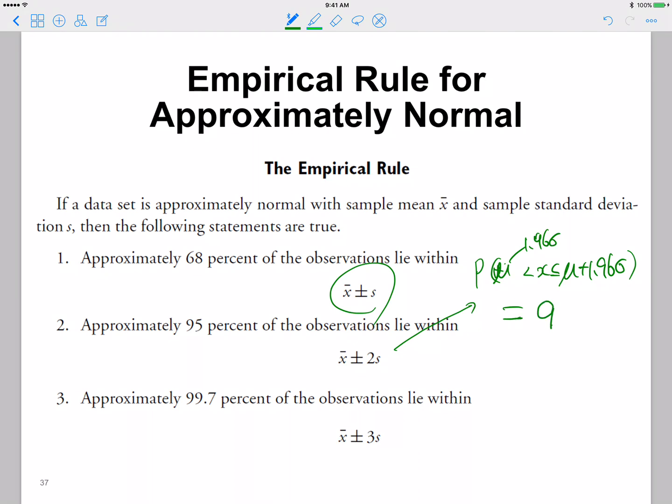It is 95%, right? So it is exactly the same rule as the second rule. 1.96 is approximately 2. So in that range, you should approximately have 95% of the data based on the Gaussian distribution.